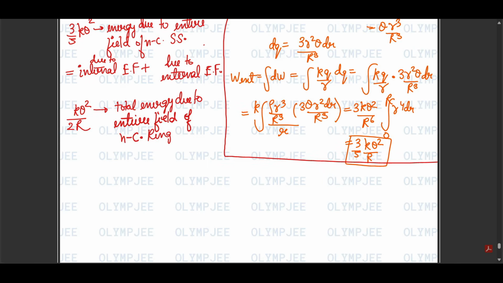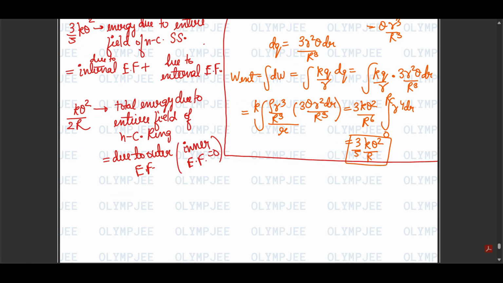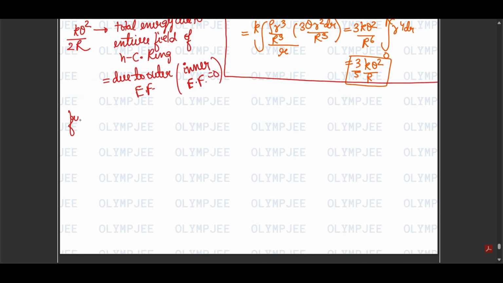Since the ring has only an outer electric field, since the inner electric field is 0, from outside both ring and sphere will look the same.